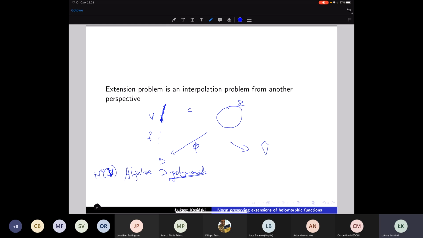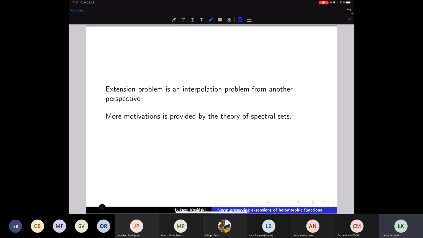Therefore, as stated here, extension and interpolation are almost the same. It's just another perspective. More motivation to study this extension is provided by the theory of spectral sets, but I'm not going to go into this topic.